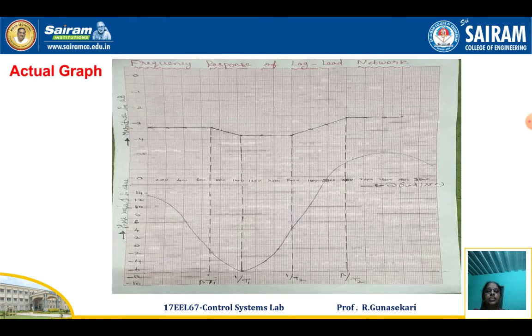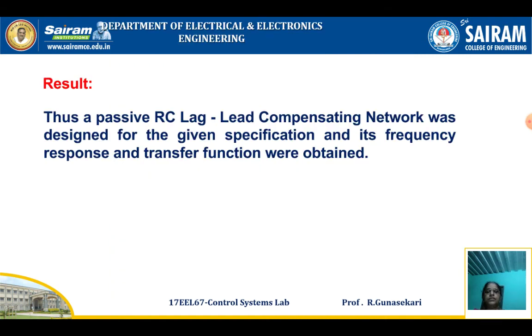This is the actual graph for the taken readings, which is similar to the model graph of the lag lead frequency response. Result: thus the passive RC lag lead compensating network was designed for the given specification, and its frequency response and transfer function were obtained.